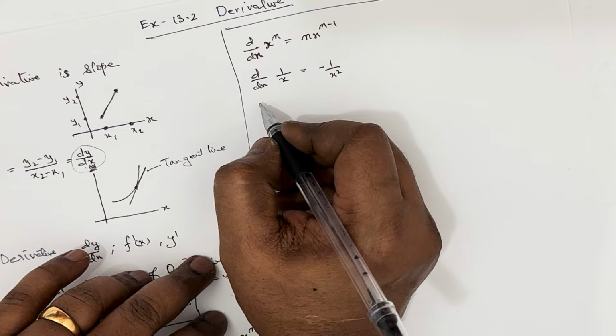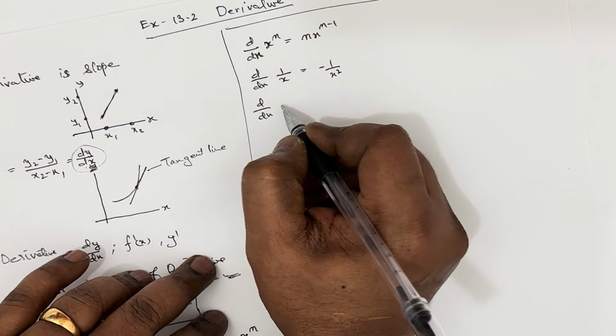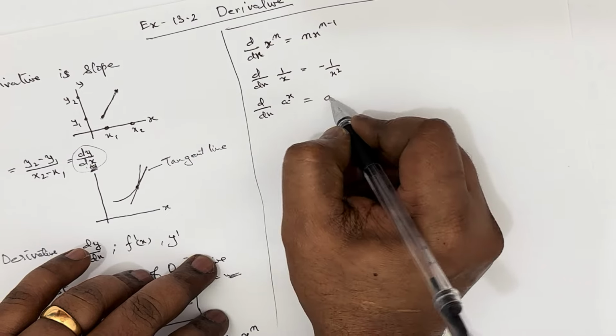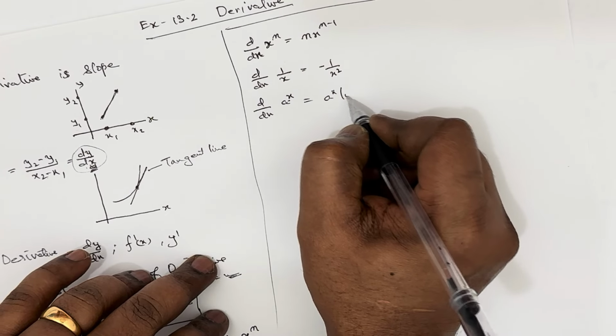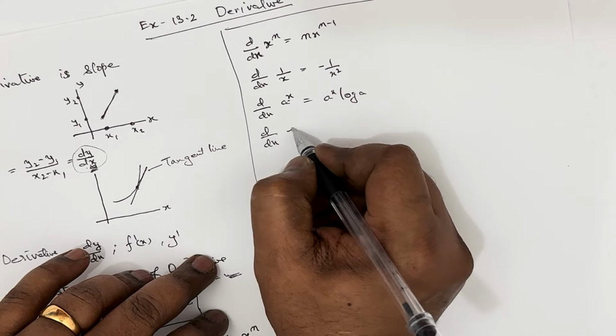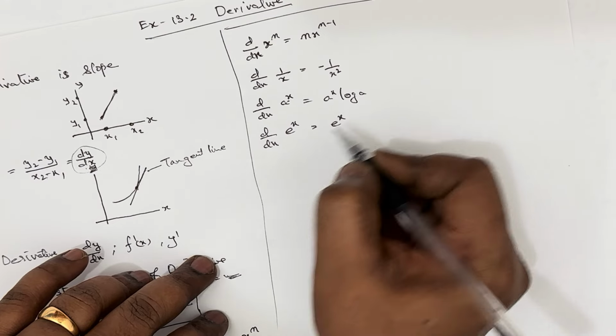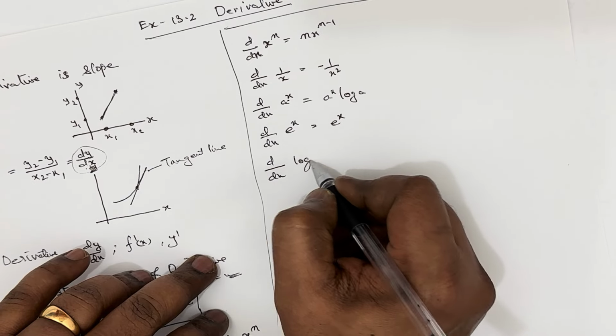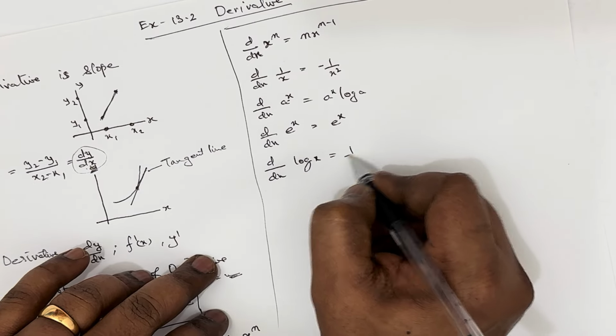And dy by dx of a power x is equal to a power x log a. And dy by dx of e power x is e power x. And dy by dx of log x is equal to 1 by x.